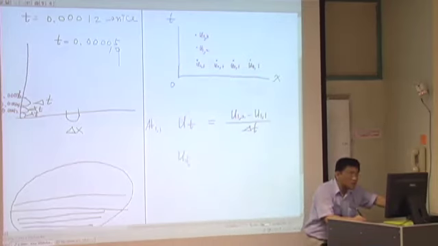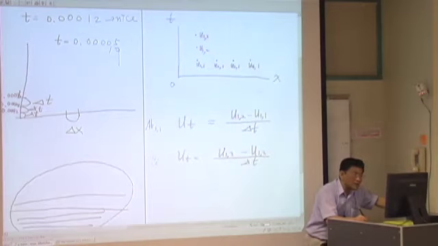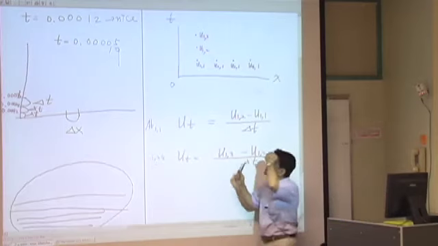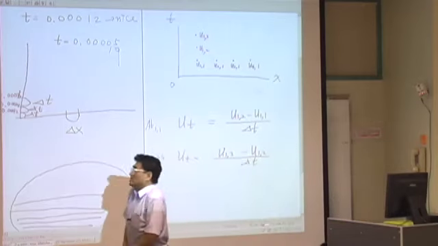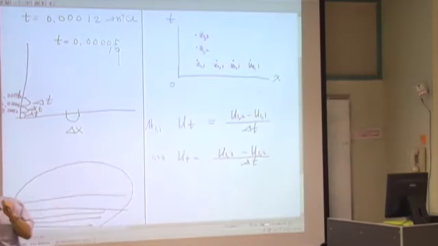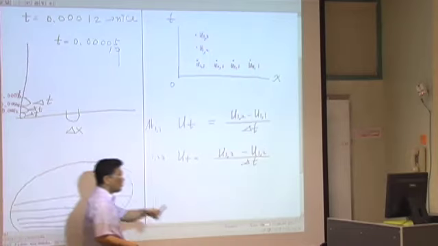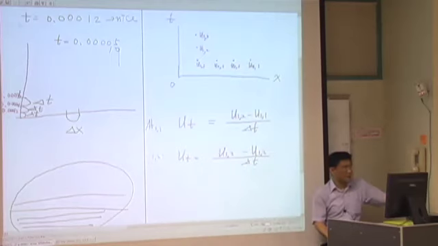And u sub t, by the same reasoning, is u13 minus u12 over delta t at point 12. 12 is not an actual number or coordinate, it's just an index, in the index system. So we represent u_t this way. Take a look. u_t at this point is this one, but u_t at this point is this one.